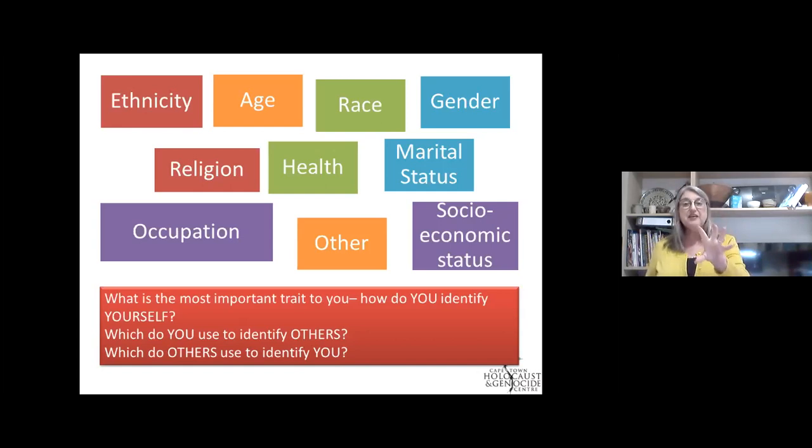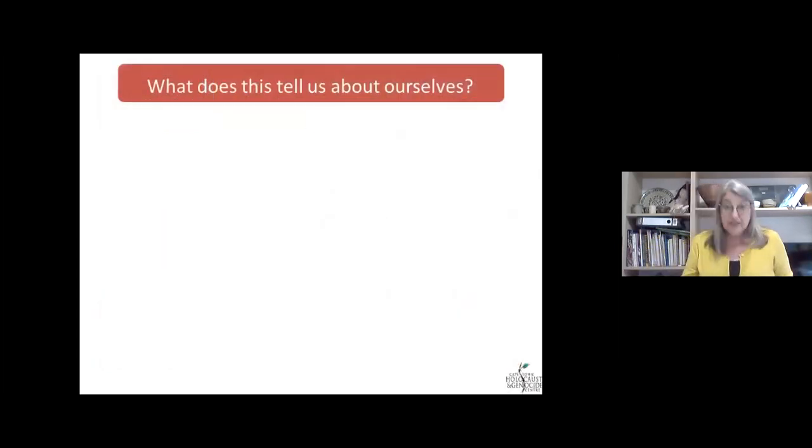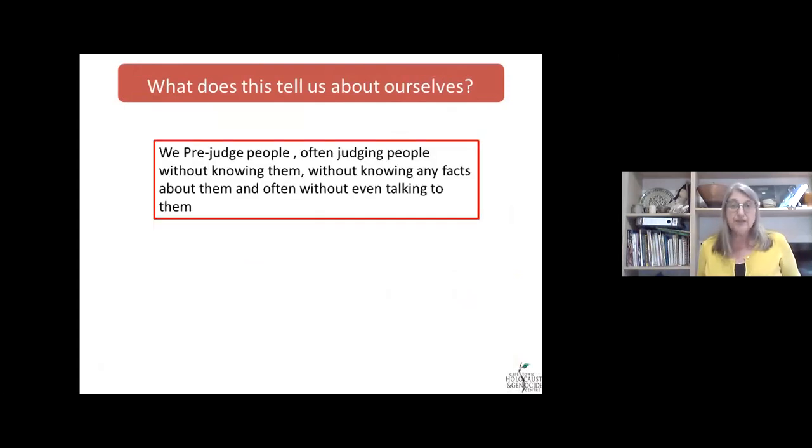I want you to think about that, because as human beings, it's what we do. We look at people, and very often, without even knowing the people, we prejudge them based on traits that we look at and things that we identify. And then we don't even know any facts about that person.